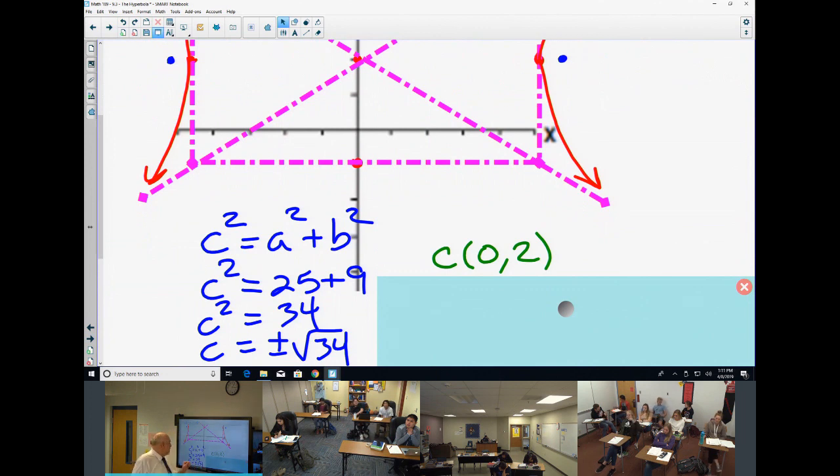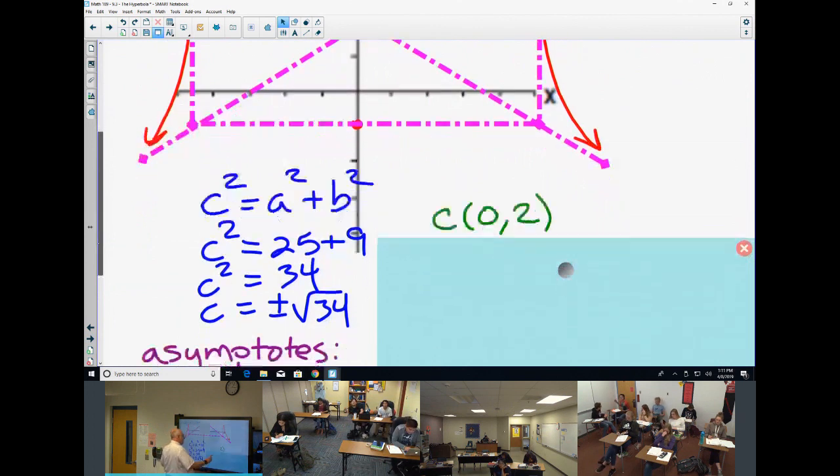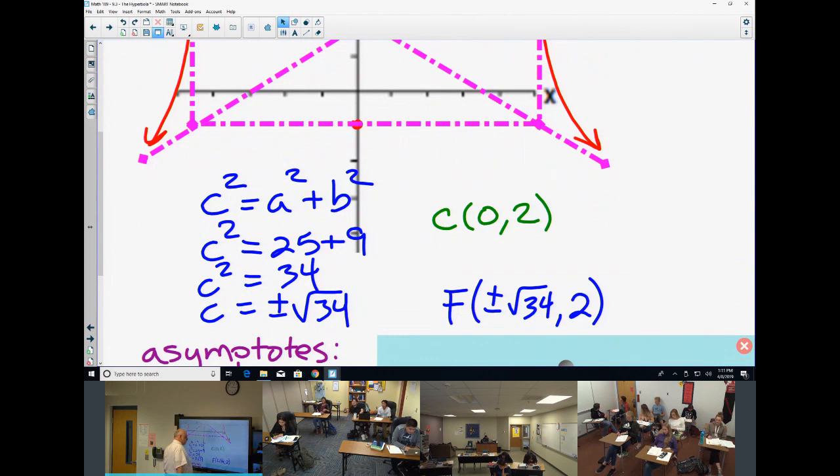The plus or minus the square root of 34, you're going to add that to the x value or the y value? The x, because again the hyperbola opens left and right. So the foci then would be plus or minus the square root of 34, comma 2. All right. Any questions?